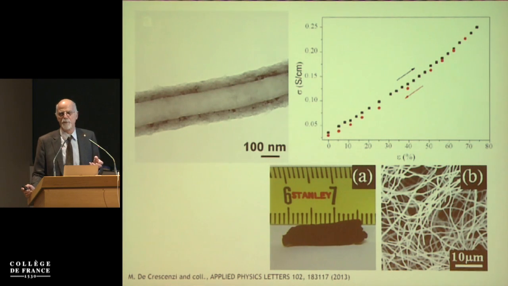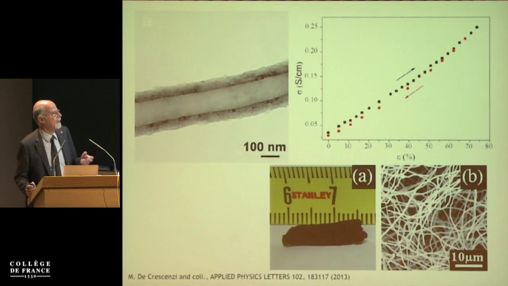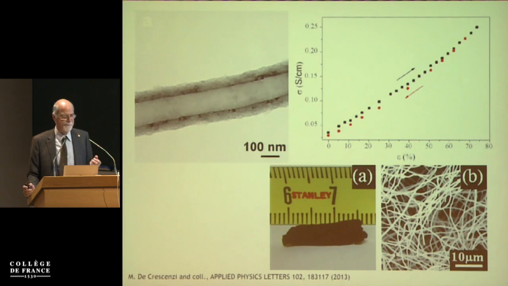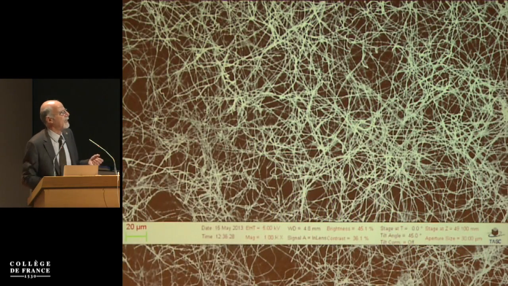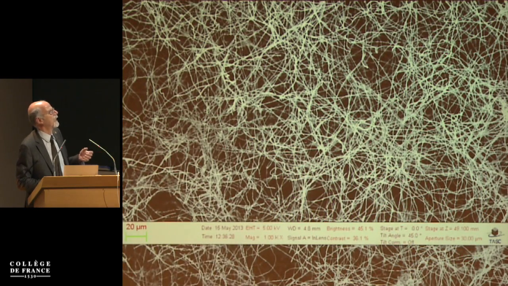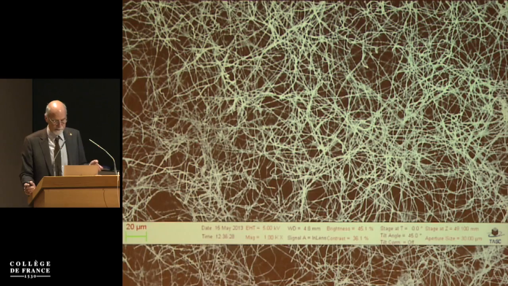It's a black sponge which is very elastic and can be elongated, can be very easily manipulated. And so this is the SEM image of the sponge. As you can see, these nanotubes are strongly entangled, and the whole material is conducting.